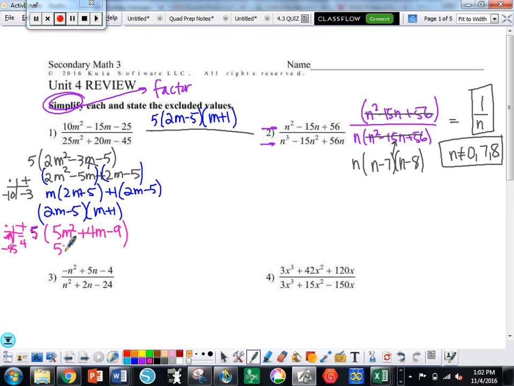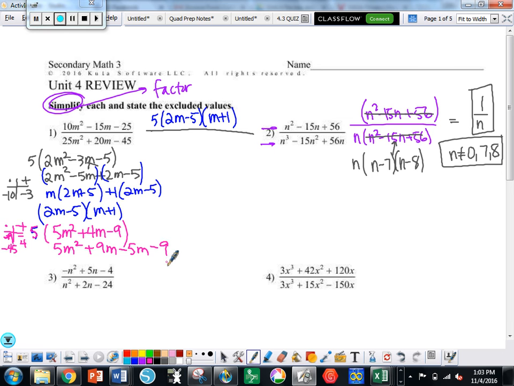So I've got 5m squared plus 9m minus 5m minus 9. Double check really quick. That multiplies to be your 45 and adds to be your 4.